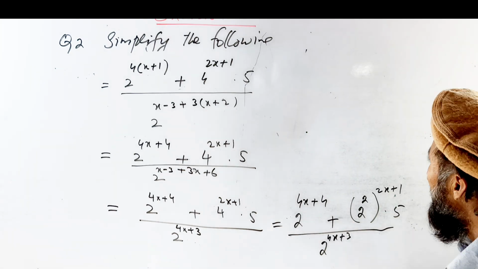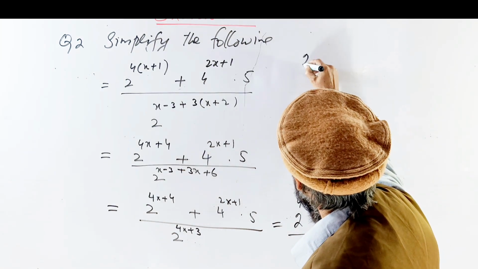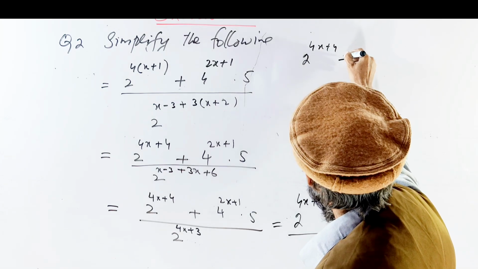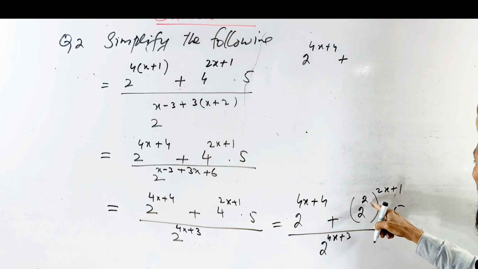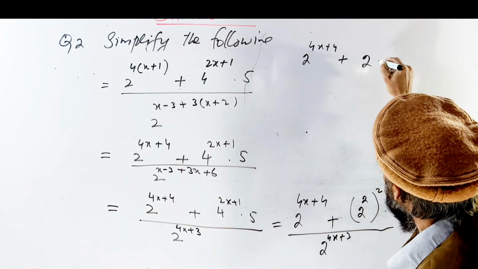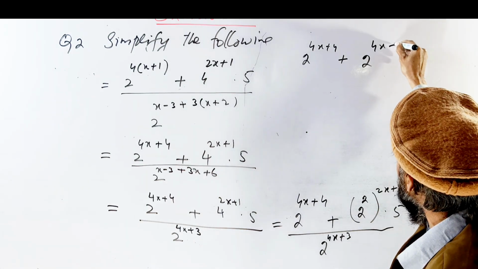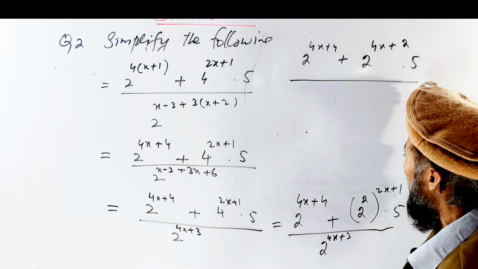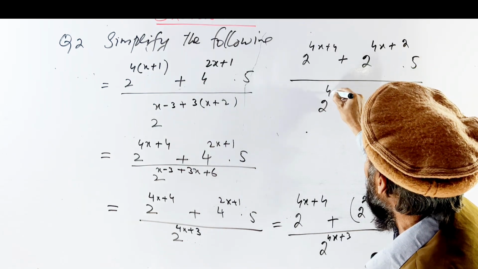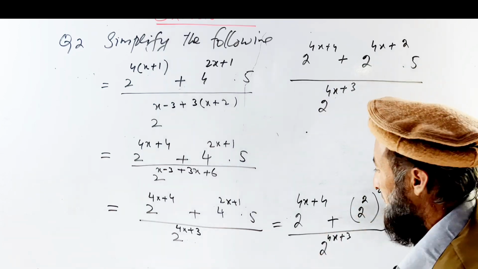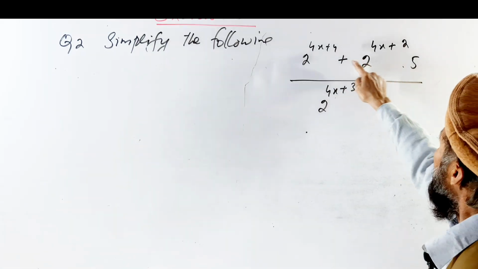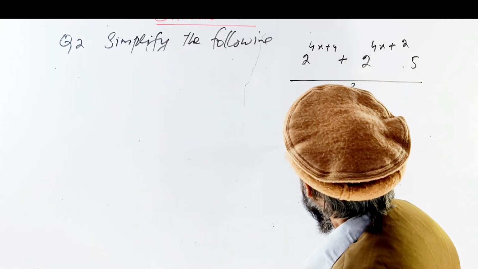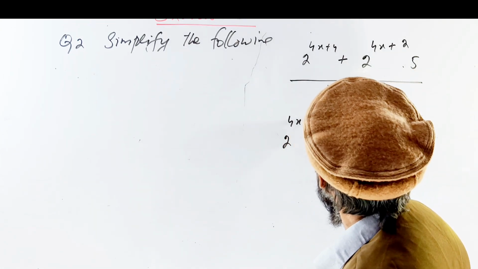Further we can write these terms: 2^(4x+4) plus this term is multiplied to each other according to the double exponent rule, 4x+2 into 5 divided by 2 into 4x+3. Taking common from this term, because we can write 4x+2 plus 2.